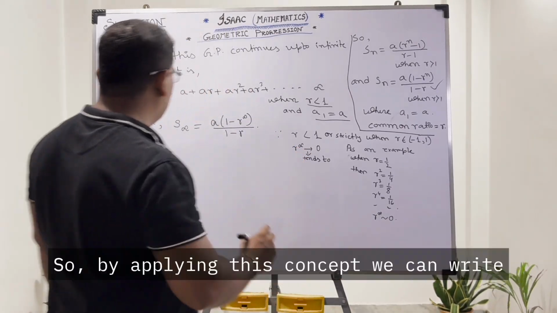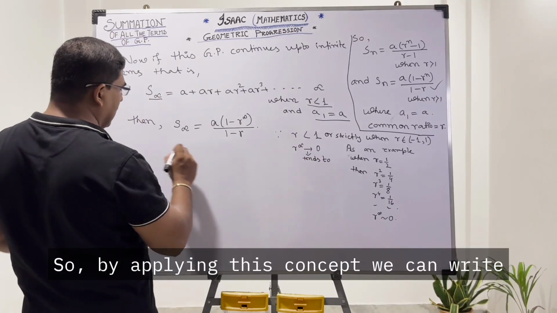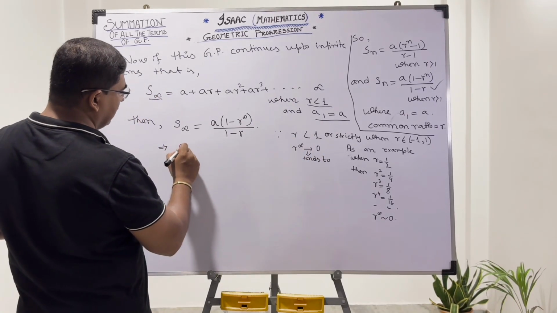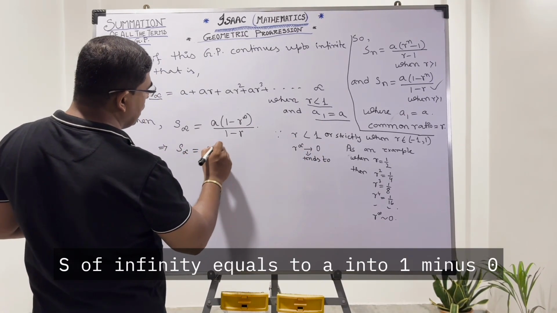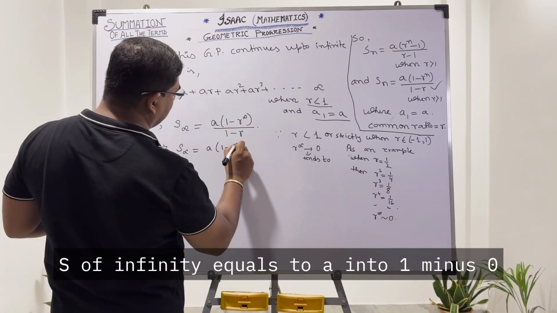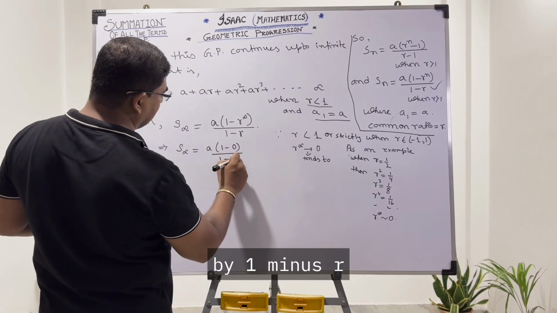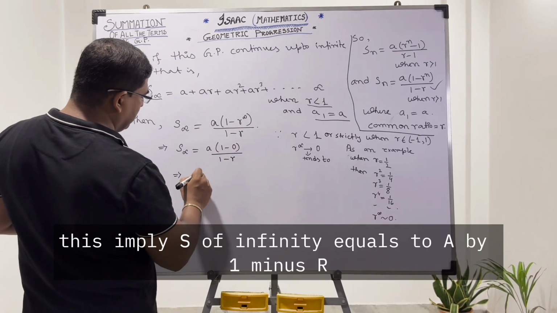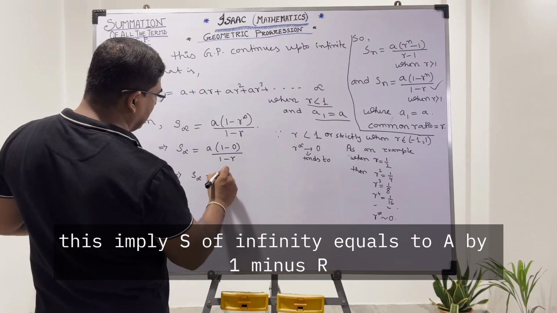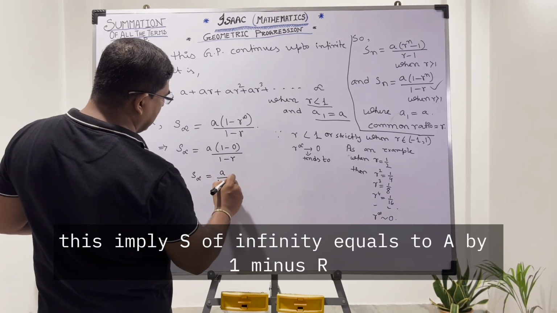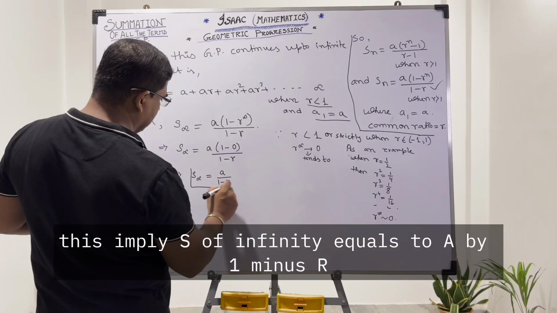Okay, so by applying this concept, we can write S of infinity equals a into 1 minus 0 by 1 minus r. This implies S of infinity equals a by 1 minus r.